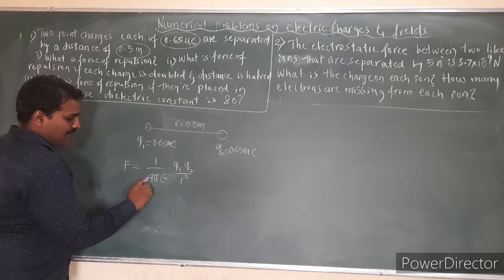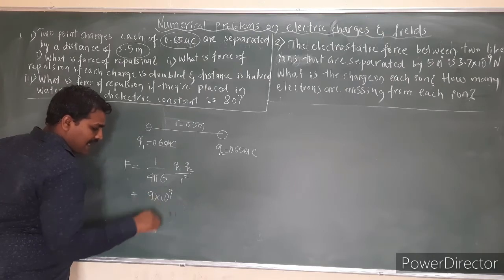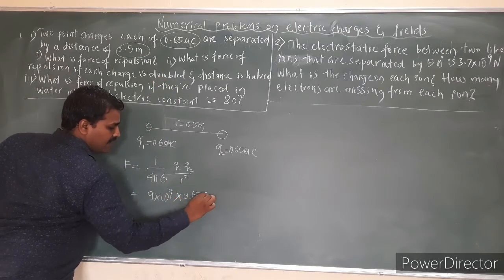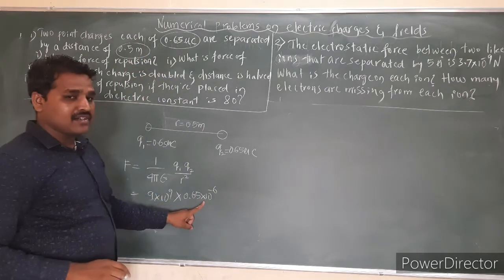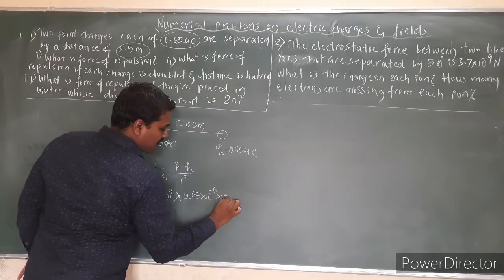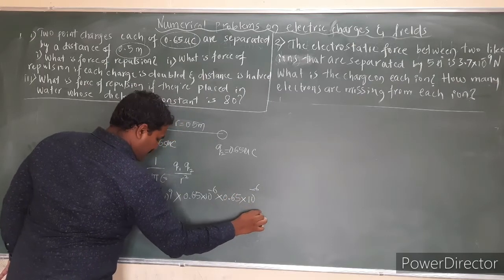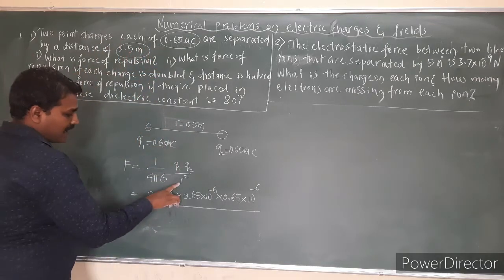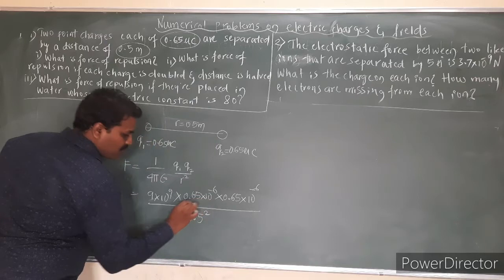By substituting the values, 1 by 4 pi epsilon naught is 9 into 10 to the power 9, into Q1, which is 0.65 into 10 to the power minus 6, since they have given it in microcoulomb, so I write micro as 10 to the power minus 6, into Q2, which is also the same. Both charges are equal, so I write 0.65 into 10 to the power minus 6, whole divided by the distance between them, 0.5 meters, and I write R square, so 0.5 square.